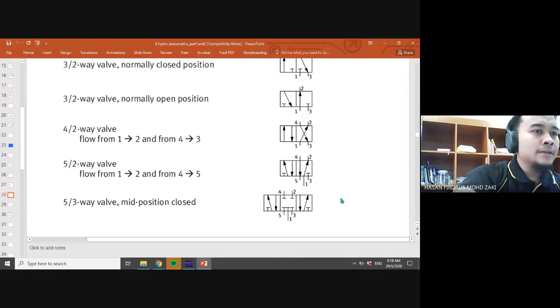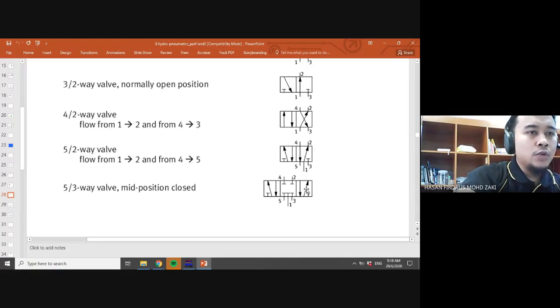Okay, and then we also have not only the two-position valve, but also the three-position valve. So this one is the 5/3-way valve. All right. So mid position closed. So the initial position is at the center, at the mid position. All right.